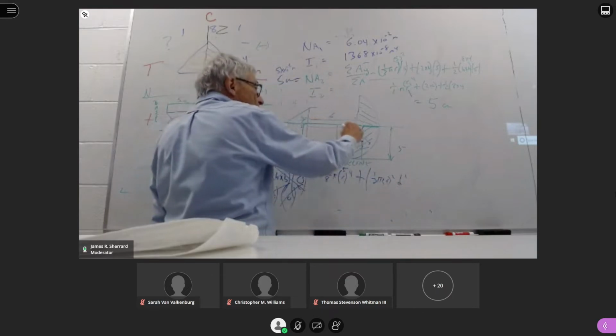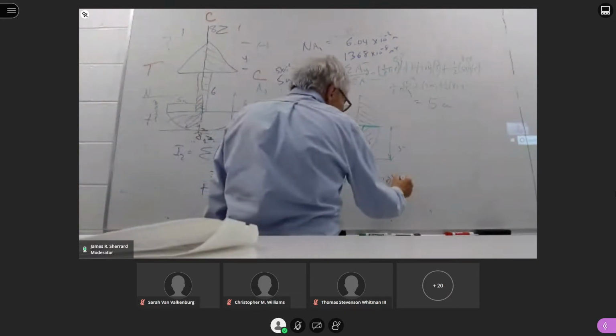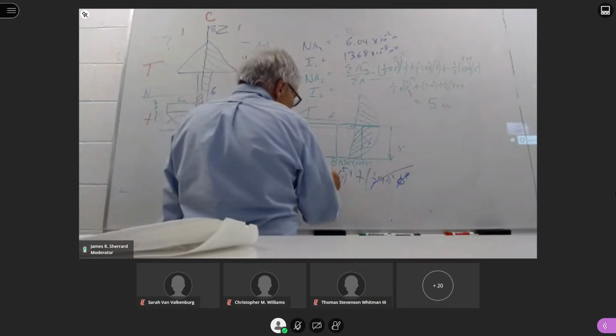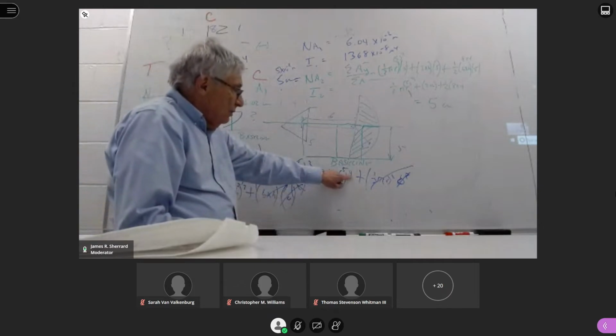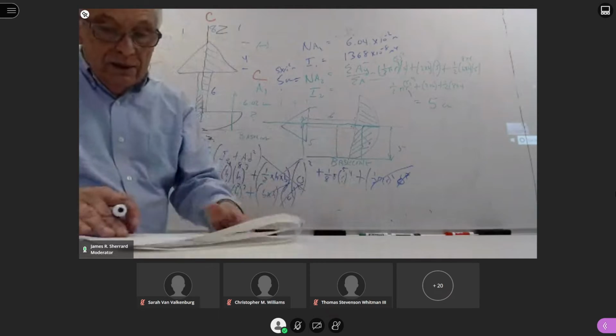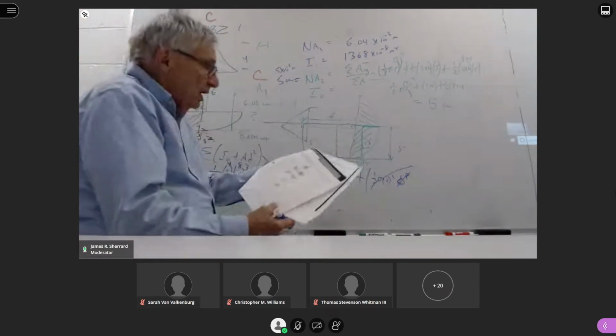D is the distance from the neutral axis to its centroid. 5 minus 5 is 0. So this is 0 squared, which is 0 times this is 0. So it's plus 1/8 pi r to the 4th, where that value for r is 5. And again, where did I get this? I got this off the 3rd page of the handout that I gave you.